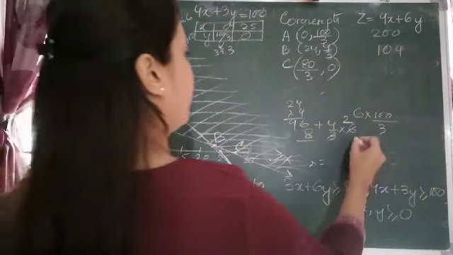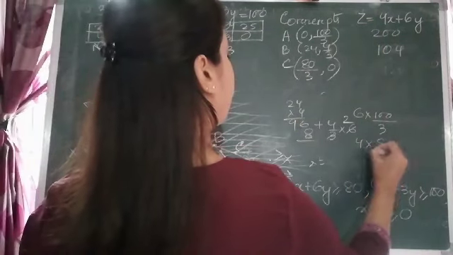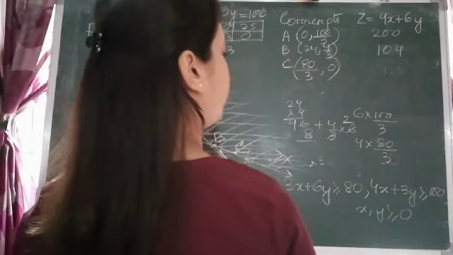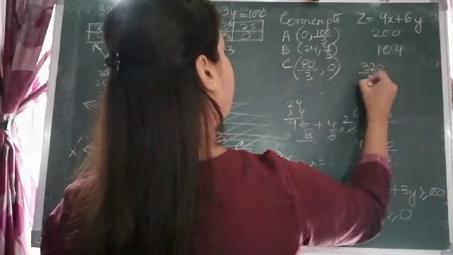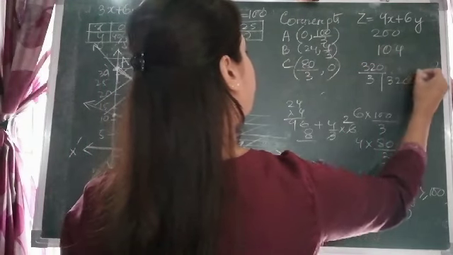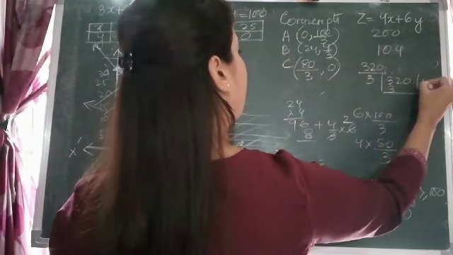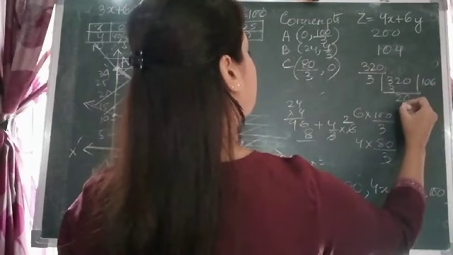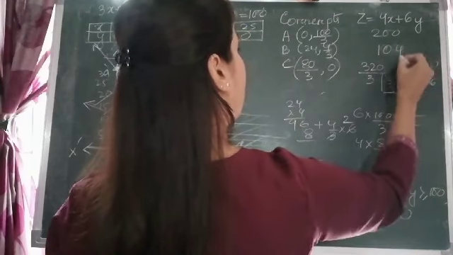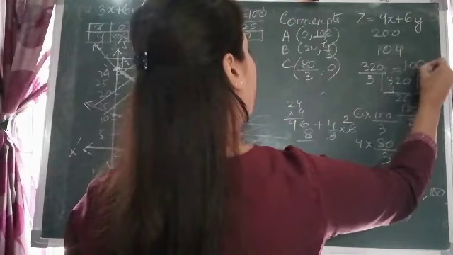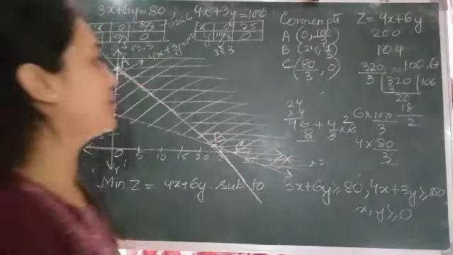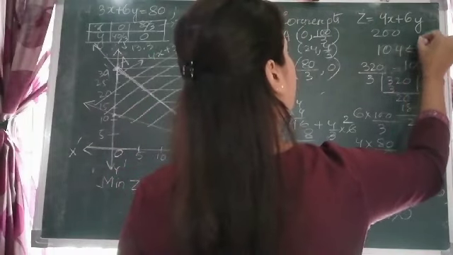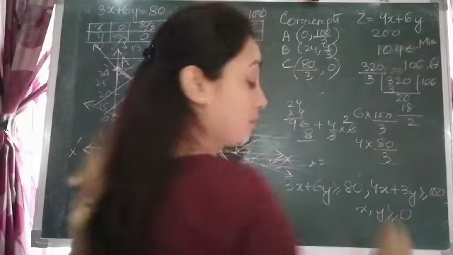And lastly, 4 into 80 by 3 is equal to 320 by 3. Now 320 by 3 will be how much? 106.6. So you are going to find the minimum value of Z. Hence the minimum value of Z is 104 here.